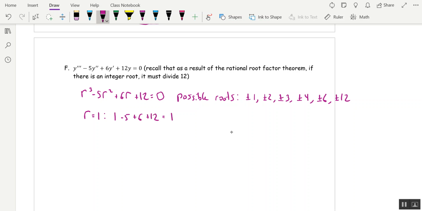That's 14, not 0, so that's a no. So let's try the next smallest one, which would be negative 1. We get negative 1 minus 5 minus 6 plus 12. Yes, that equals 0. So if negative 1 is a root, r minus negative 1, which is r plus 1, is a factor.